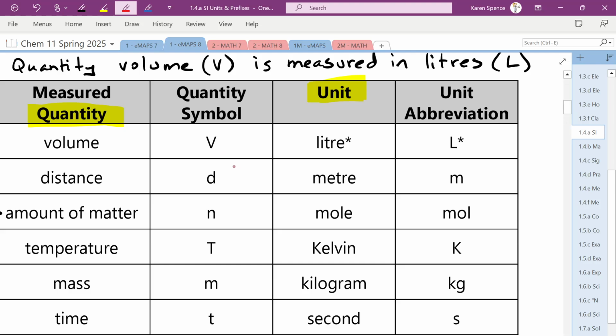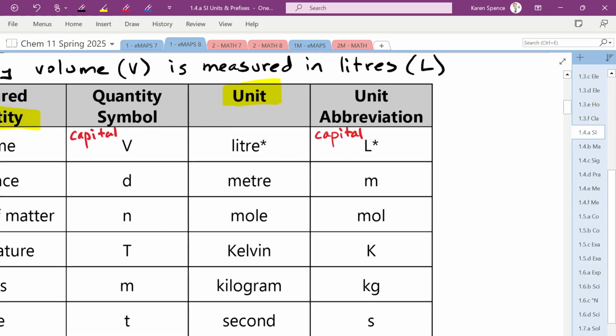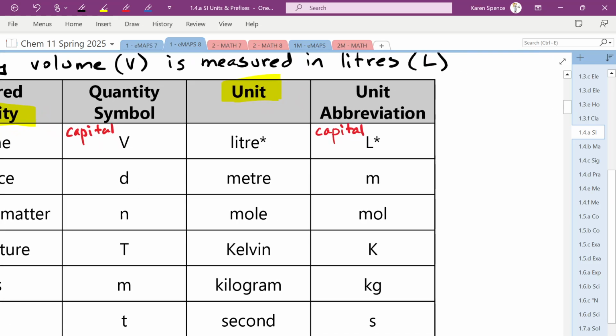So volume is a capital V, and liter is a capital L. So if you have milliliters, milli is a little m, liters is a capital L. And I'm going to be really picky about that.